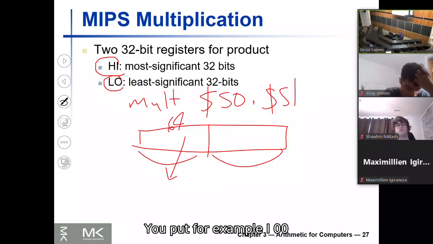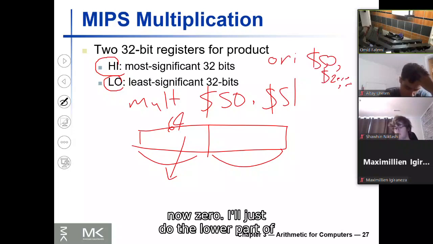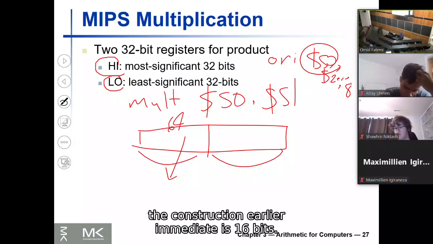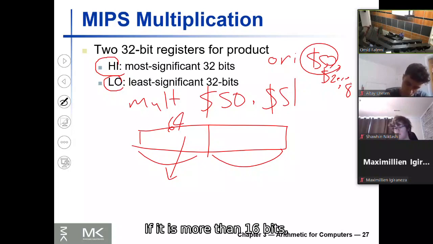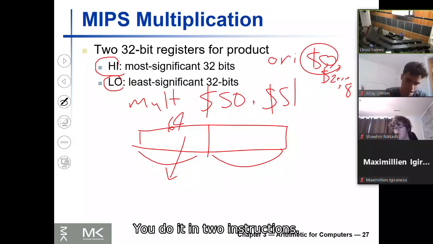You put, for example, ori S0, 0, 8. So now S0 is 8. The immediate is 16 bits. So if it is more than 16 bits, then you have to use load upper immediate. You do it in 2 instructions: load upper immediate and then OR with the lower part.